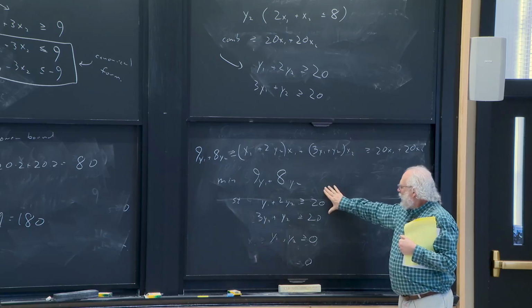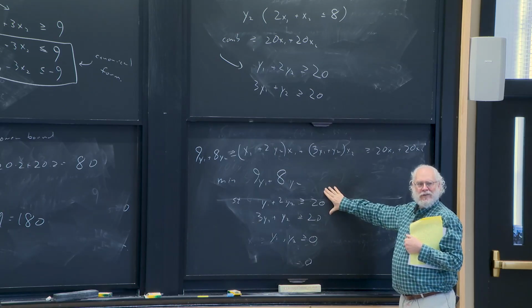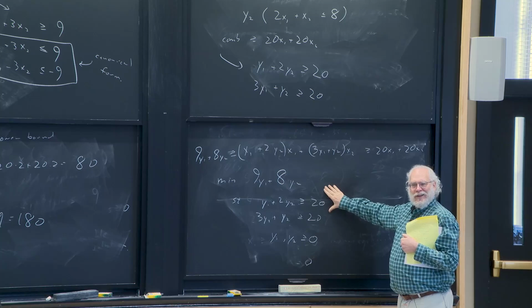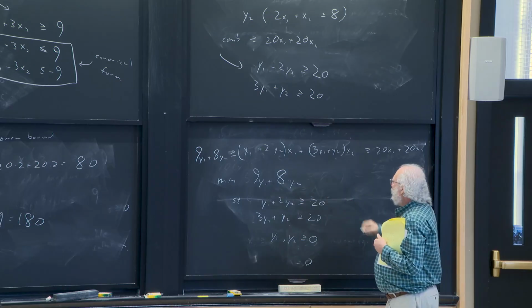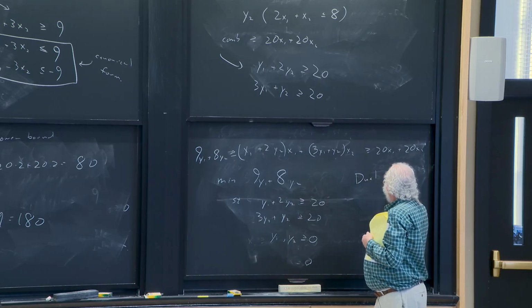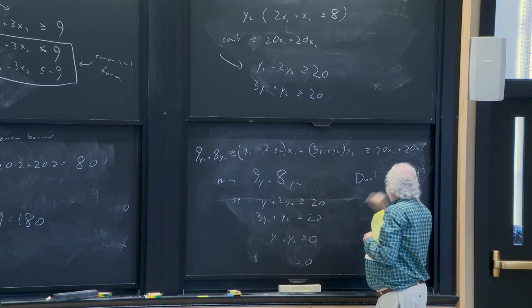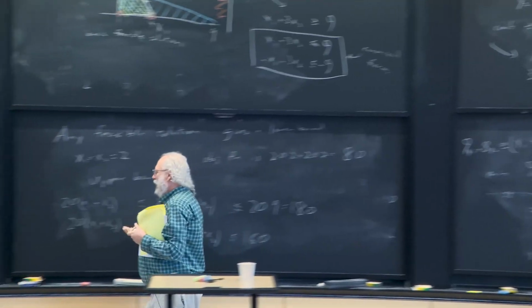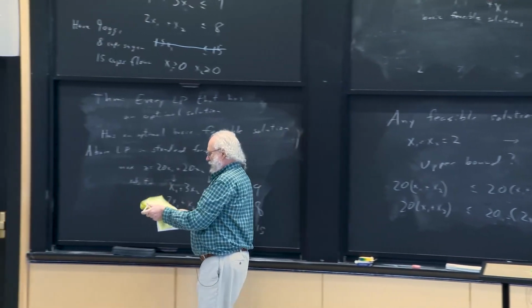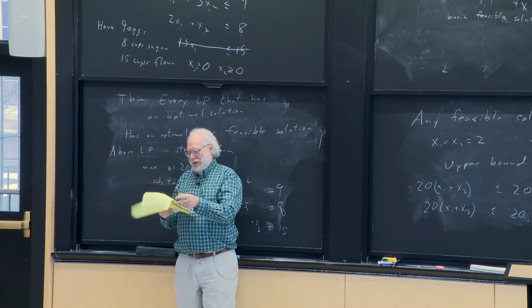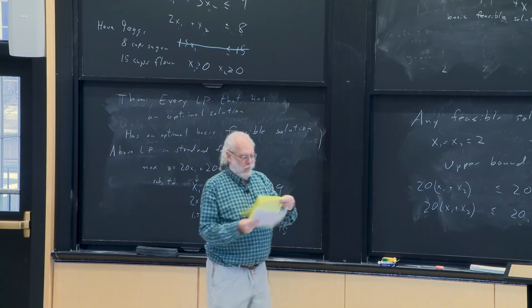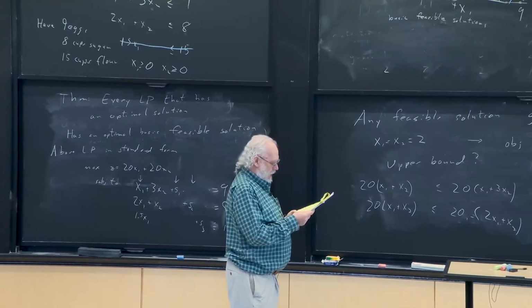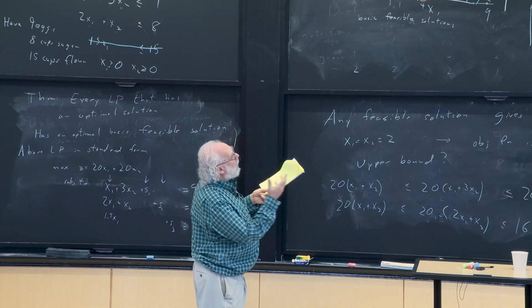So what did we get here? What is this thing? It's another linear program. So this is the dual linear program. And now I want to write down the dual linear program for an arbitrary program in canonical form.